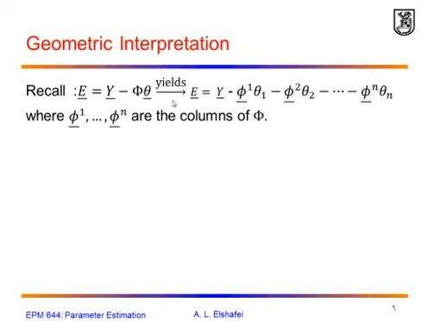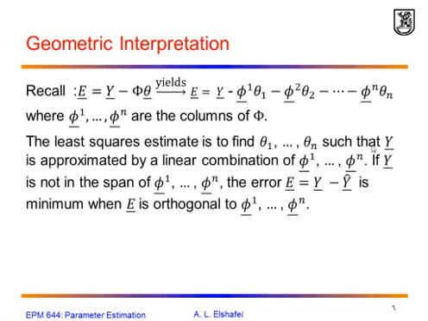So here I have y minus the first column of phi times the first element in theta, theta 1, then the second column of phi times the second element of theta, and so on till we finish all the elements of theta, which I'm assuming to have n parameters.